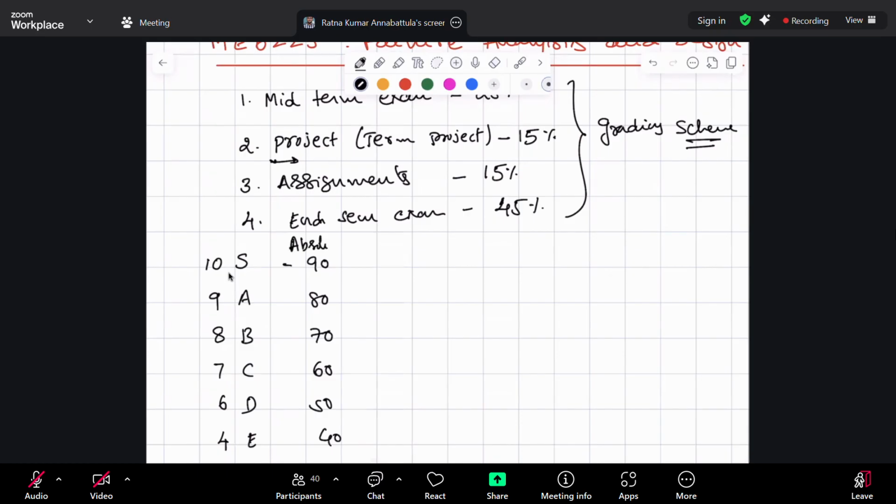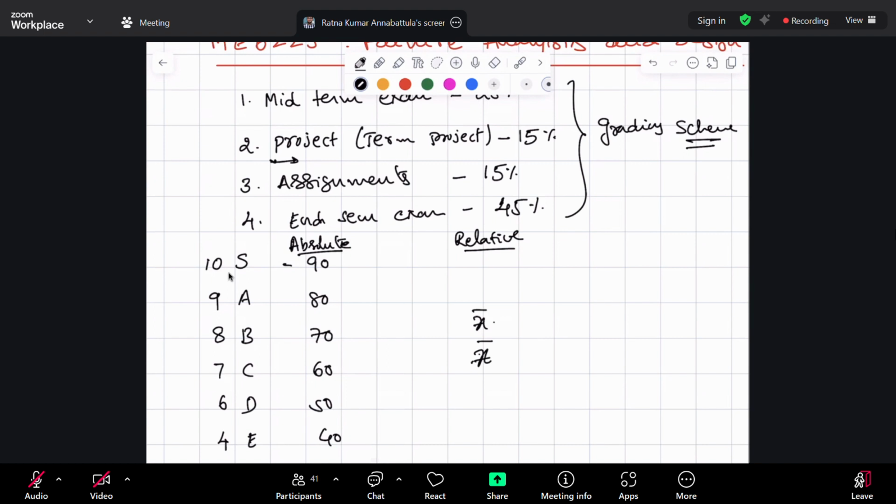But we also do relative grading, if the class wishes so. In relative grading, let us say the class average is x bar.